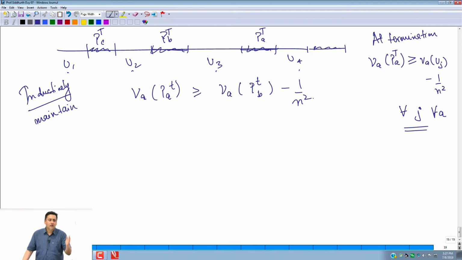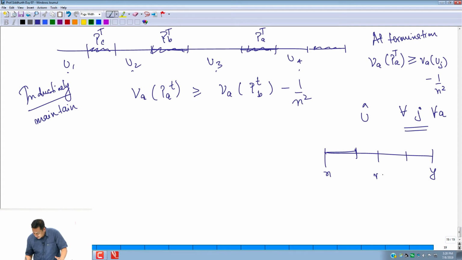Look, if while I was doing an update, this was u hat, it started at x, it's an unassigned interval, and I stopped at the first point where someone raised a hand and claimed this piece.